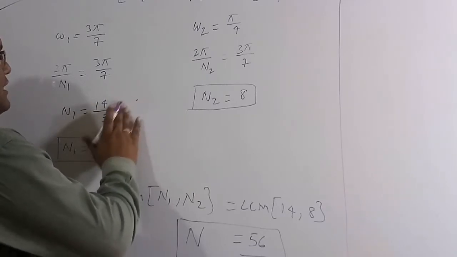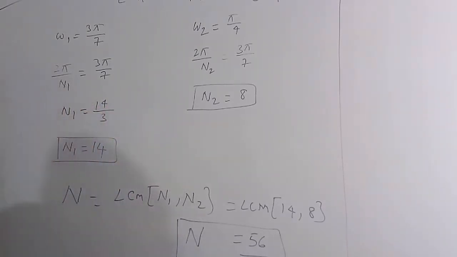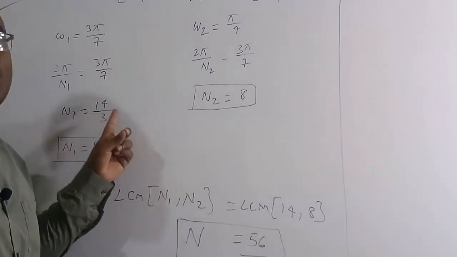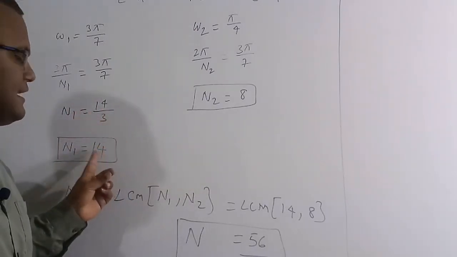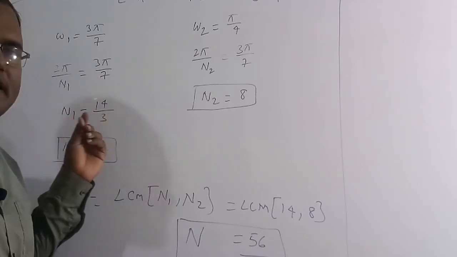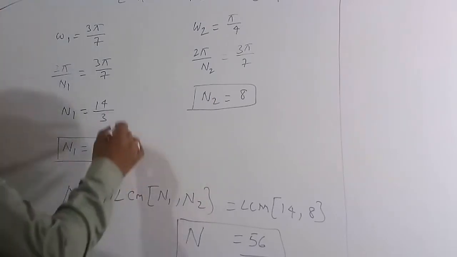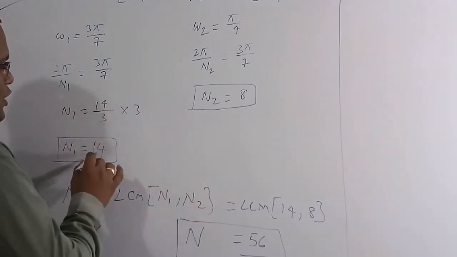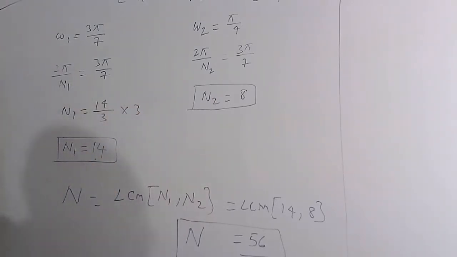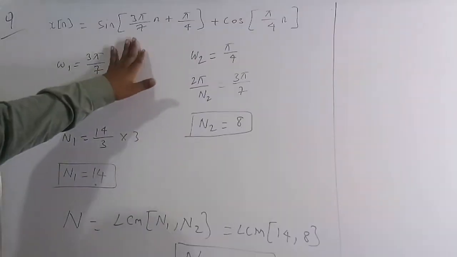So you always need to multiply by the minimum integer value that gives an integer output. Here the minimum value we multiply by is 3, and therefore we get 14, an integer value. So we can conclude that 14 is the time period of the sine function.